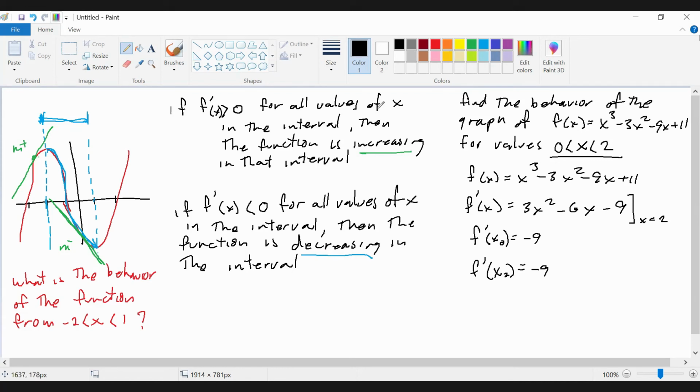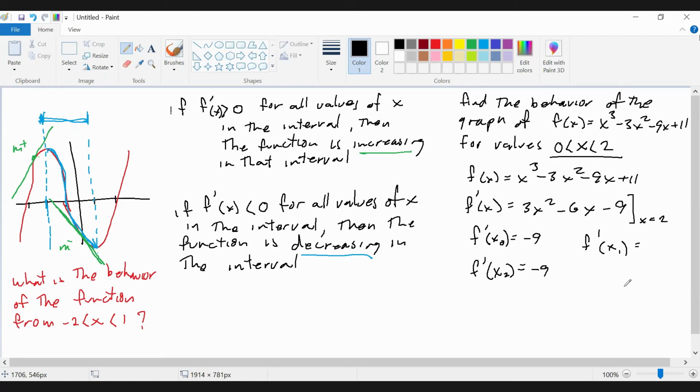But according to this, for all possible values within the interval, for me, I will accept this already. But if you want to make sure, you still have a point in between, that's 0, 1, and 2, correct? You can also try f prime of x at 1.